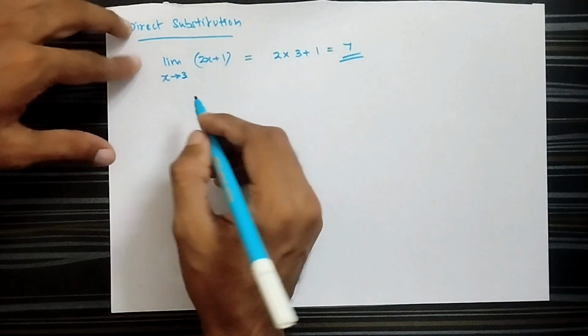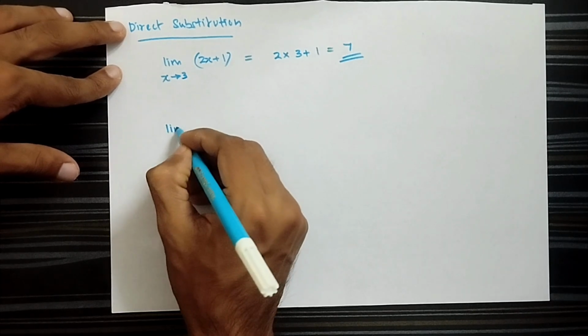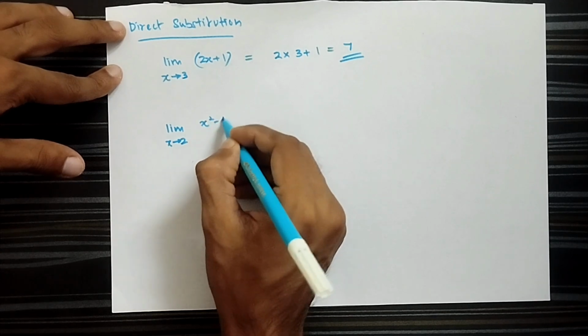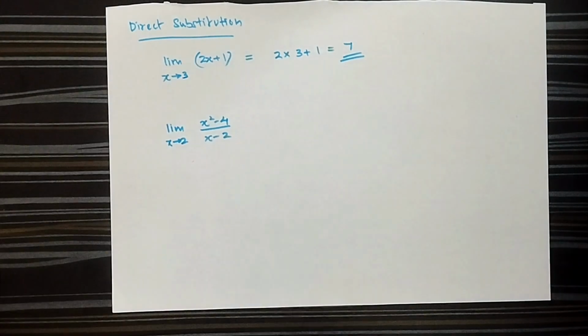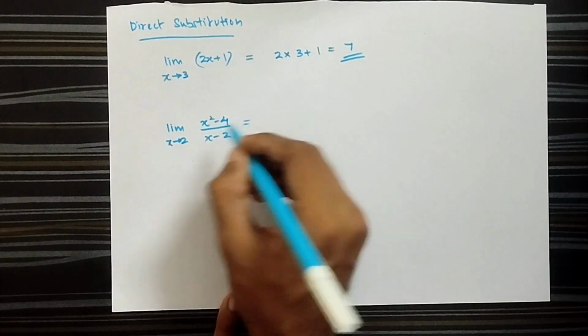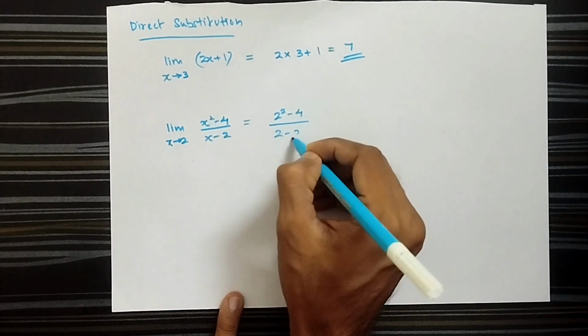But in some cases, for example, limit x tends to 2 of x square minus 4 divided by x minus 2. In this case, if we give direct substitution, we get 2 square minus 4 divided by 2 minus 2.